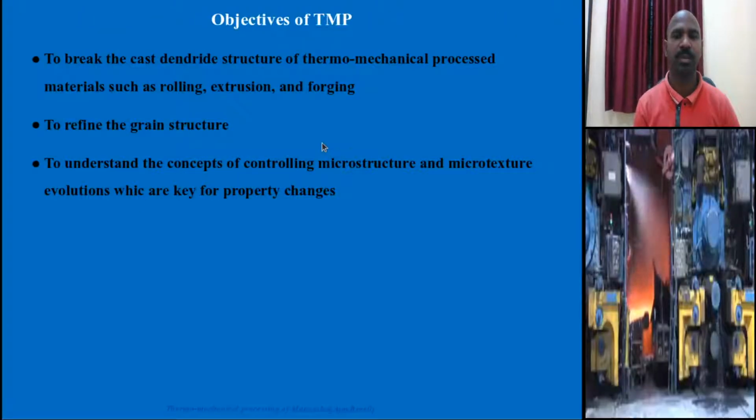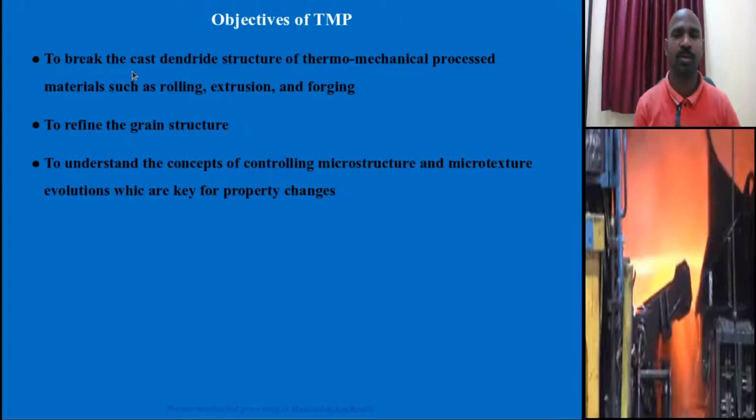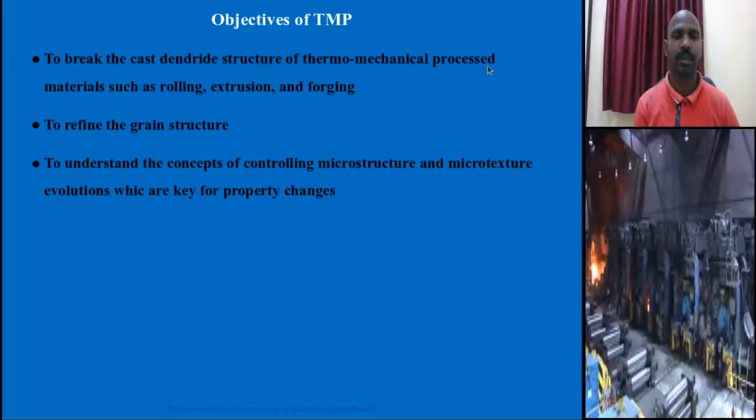Now let us define the objectives of this thermomechanical processing. The objective of this process is to break the cast dendrite structures after casting by thermomechanically processing the materials, such as rolling, extrusion and forging, and refining the grain structure.